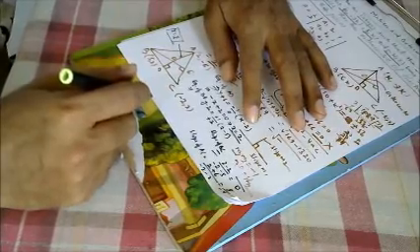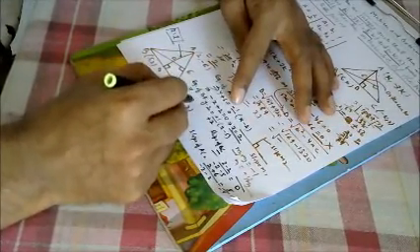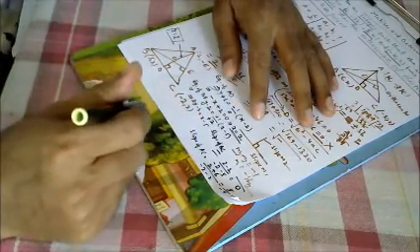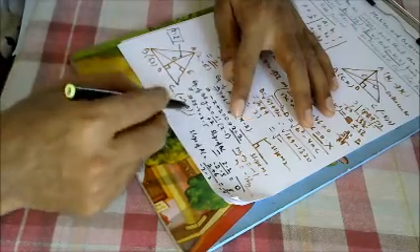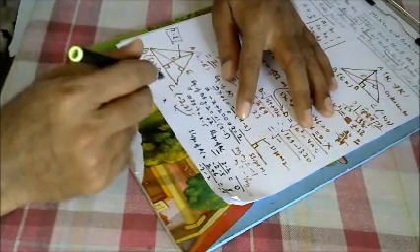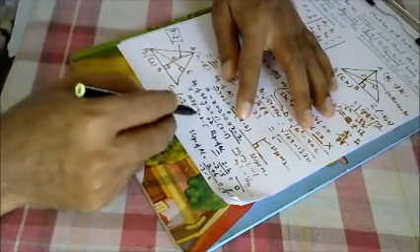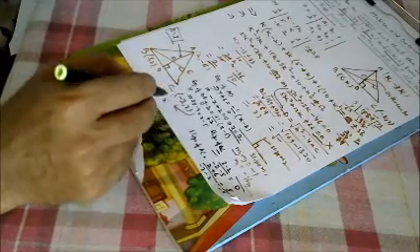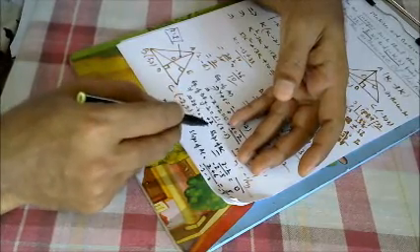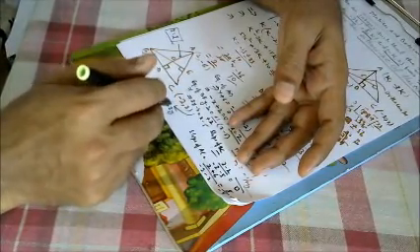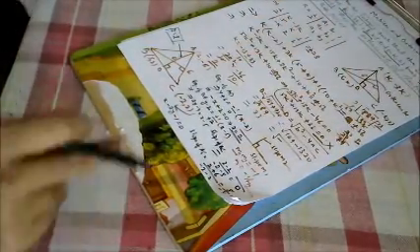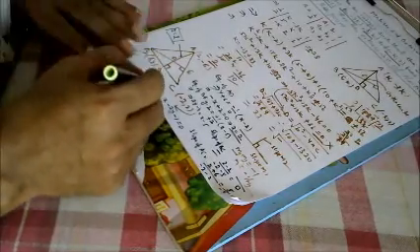Further solving, this becomes 2y minus 4 is equal to x minus 5. Then we write x minus 2y, and minus 5 plus 4 becomes minus 1, so x minus 2y minus 1 is equal to 0. So this will be the equation of BE.